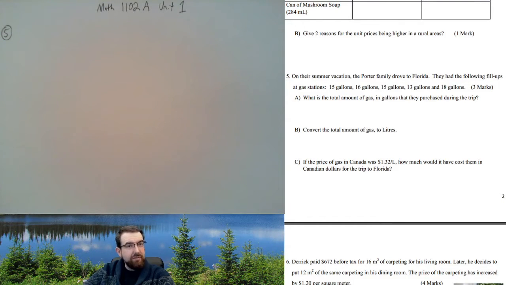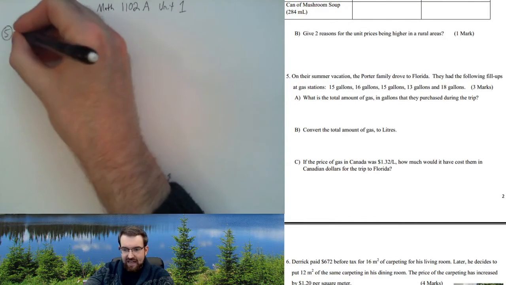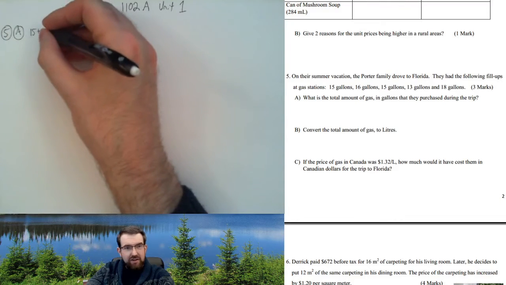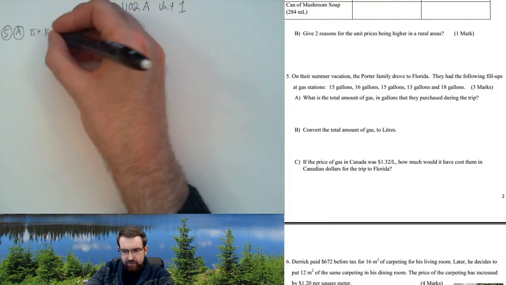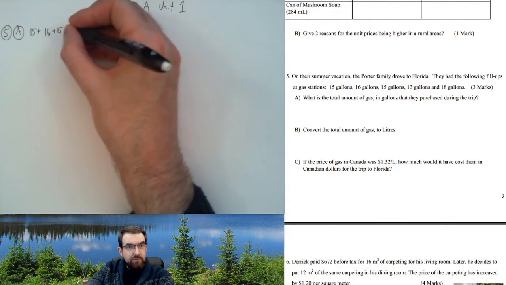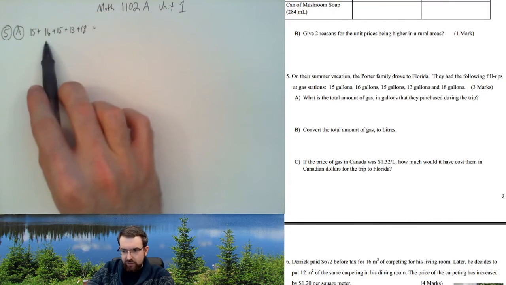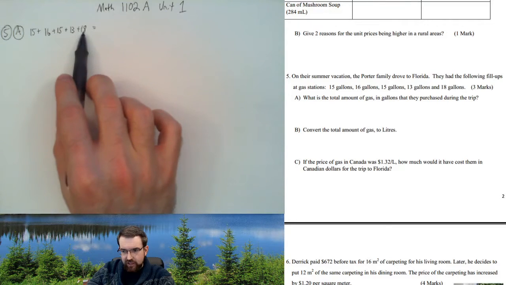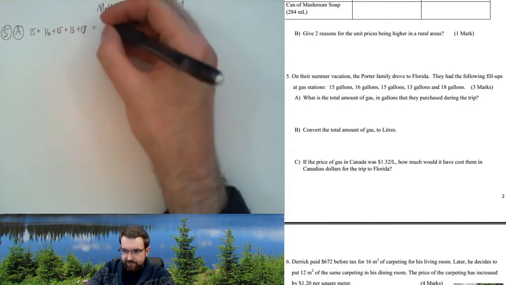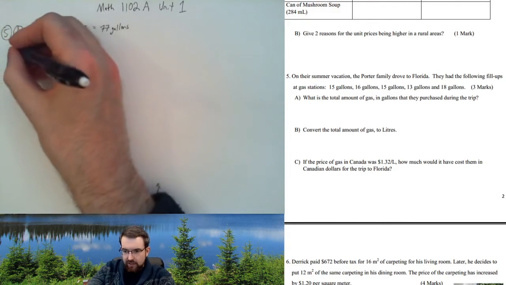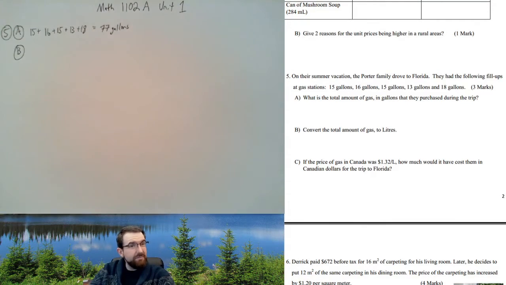They had the following fill-ups. What's the total amount of gas? It's just going to be adding these together. 15 plus 16 plus 15 plus 13 plus 18. Well, it's 30. It's 46. 59. 77. Not a super tough question for that part, is it?